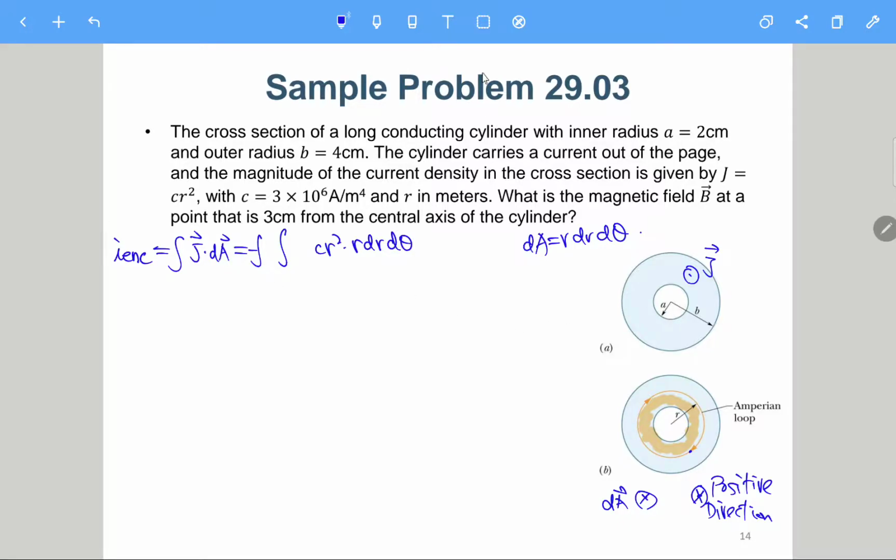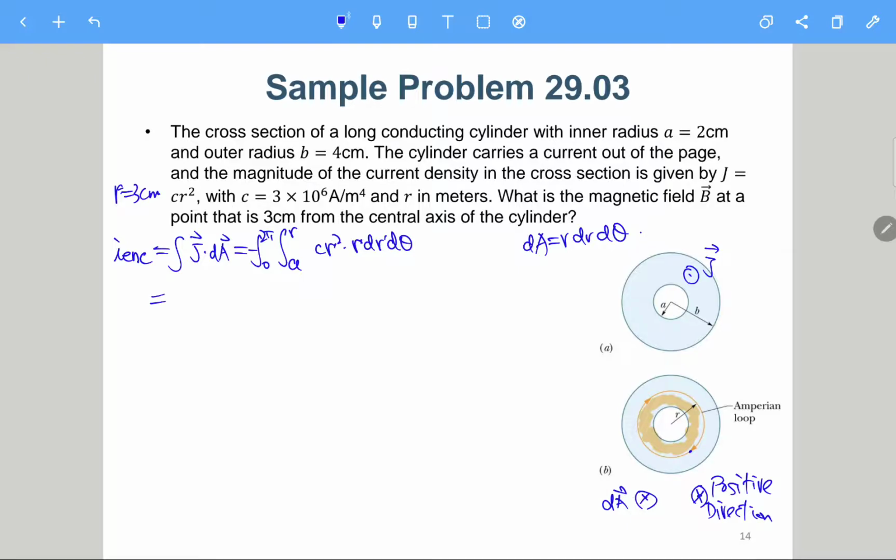It should integrate from a to r, or maybe I should put r prime here because this is a dummy variable and it would conflict with this one. So we integrate up to r equals 3 centimeters. And theta, which is the whole circle, we integrate theta from 0 to 2 pi.